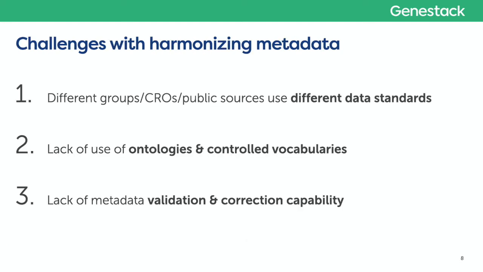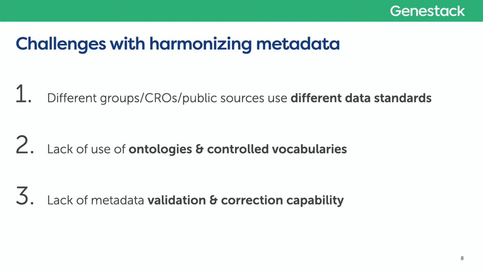The second challenge is always, how can I harmonize the metadata from different sources? Many times you may have experienced that different groups, CROs, and public sources use different data standards. For example, different annotation files for genomic data or different ways to record experimental metadata.